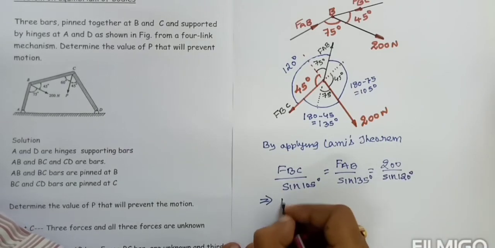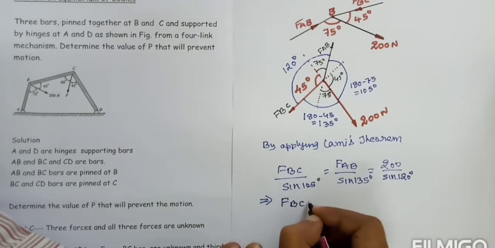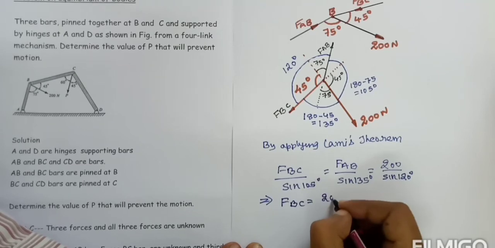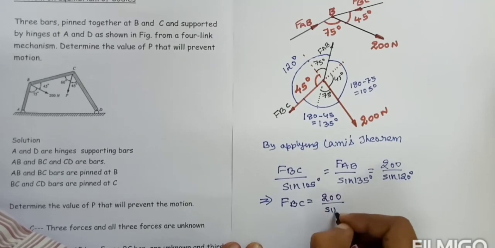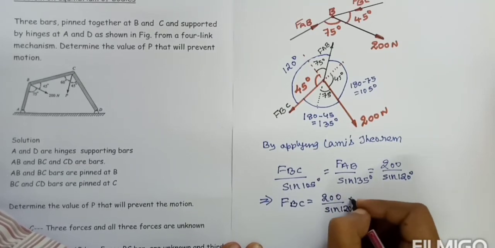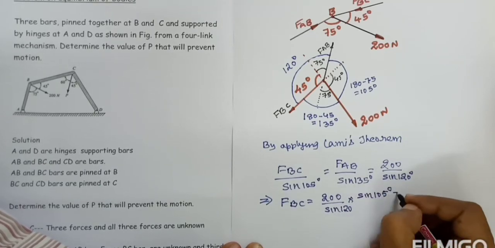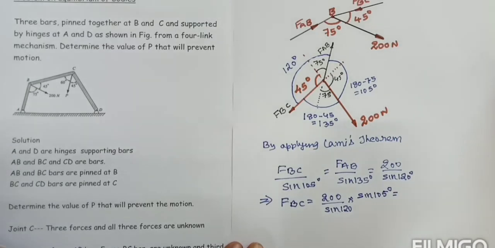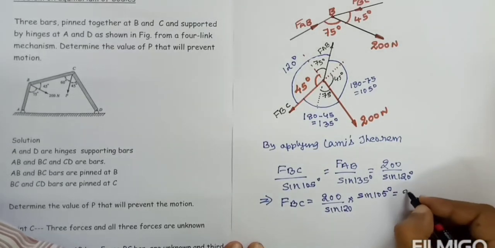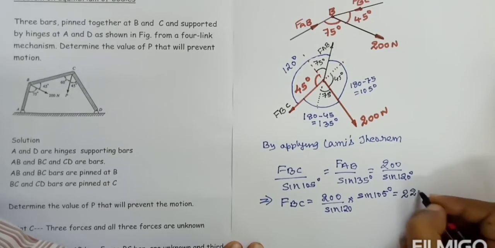Which implies FBC is equal to 200 by sine 120 into sine 105 degrees, which is equal to 223.07.